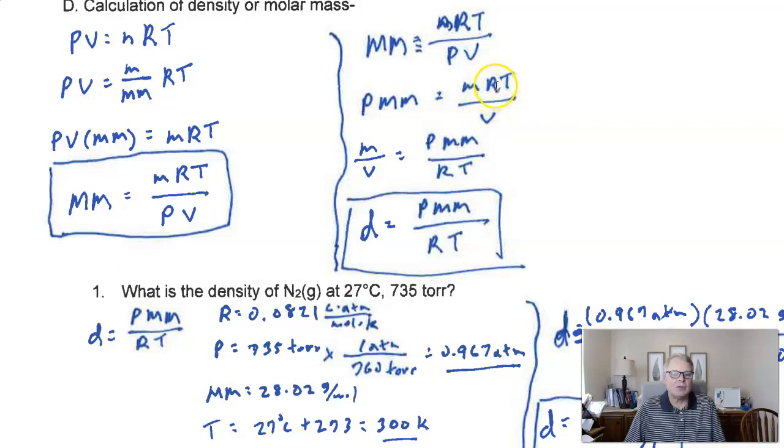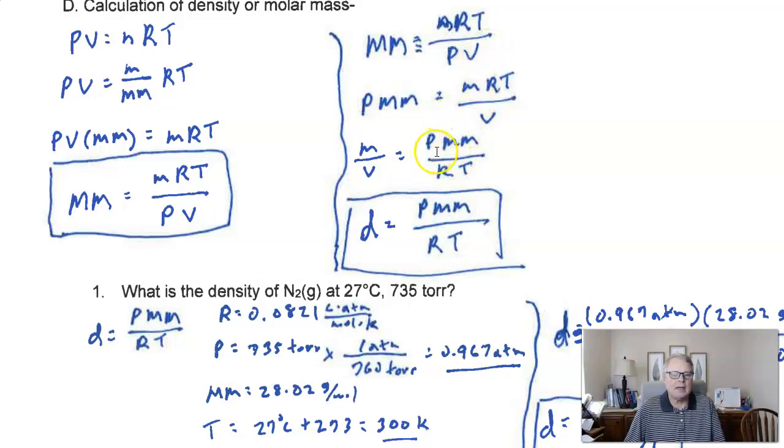So let's move the temperature, and while we're at it, let's just move R over too. Let's get that out of the way. So if I have mRT over V, and I want to get the RT to the other side, I'm going to divide both sides by RT. All right, and that's what we have down here. So there you go.